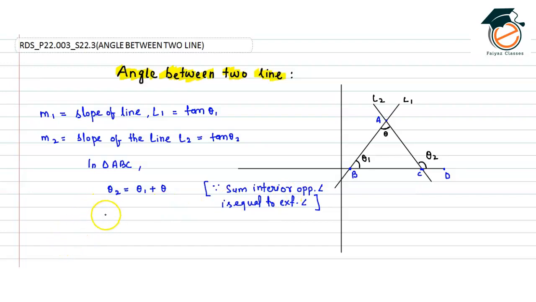From here we find theta is equal to theta 2 minus theta 1.